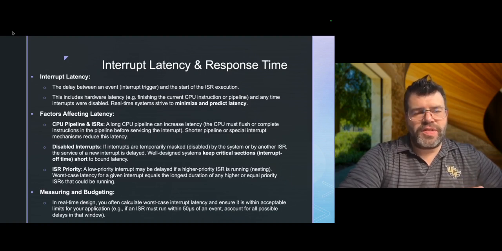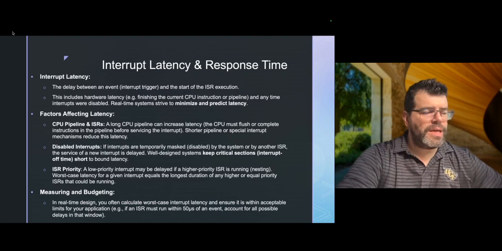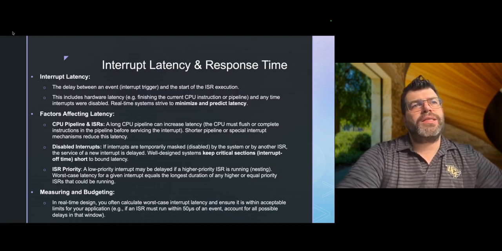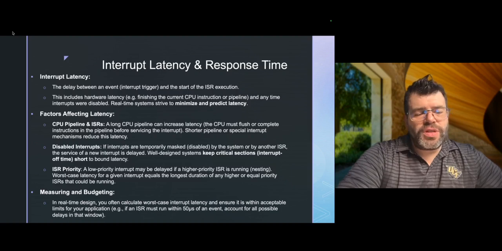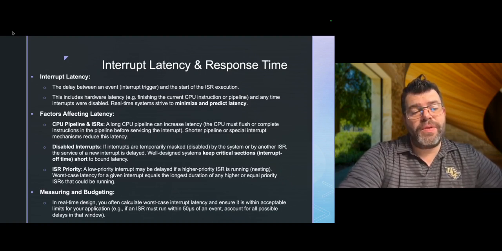And again, I know we haven't seen that, but any section where you're disabling interrupts, you need to time that section, right? So if you're doing this within a task, and it's maybe a task where you're operating on data or memory some way, you need to measure the amount of time that you are masking or disabling the interrupt service routine, because that is going to add to your overall latency. Possibly, right? You don't know when an interrupt is going to happen.